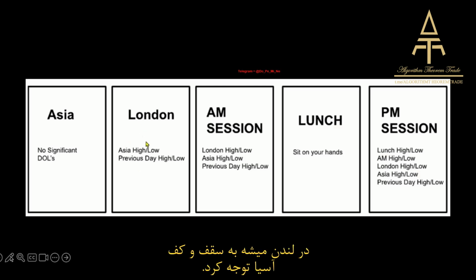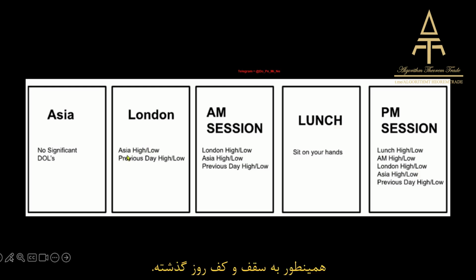During London, we can refer to the Asia high and low, and we can refer to the previous day's highs and low. During the AM session, we can refer to the London high and low, and the Asia high and low, and the previous day high and low.